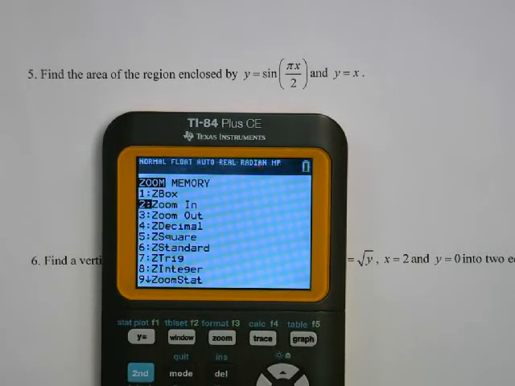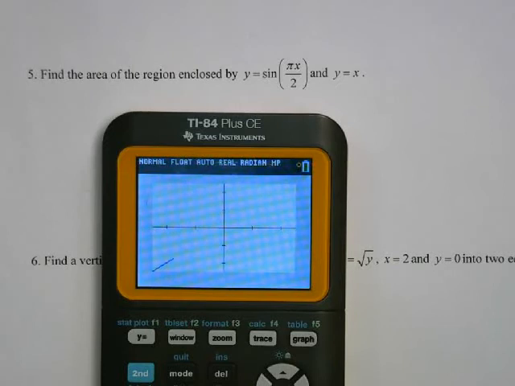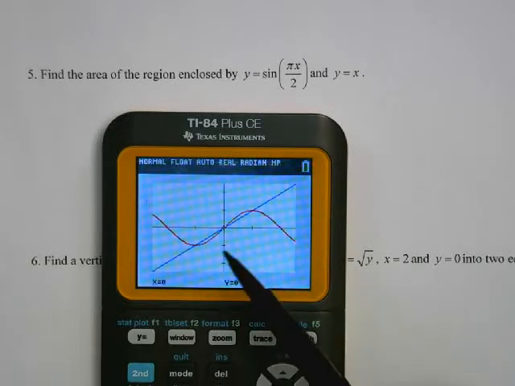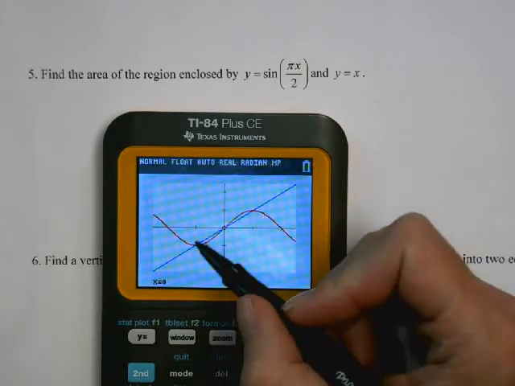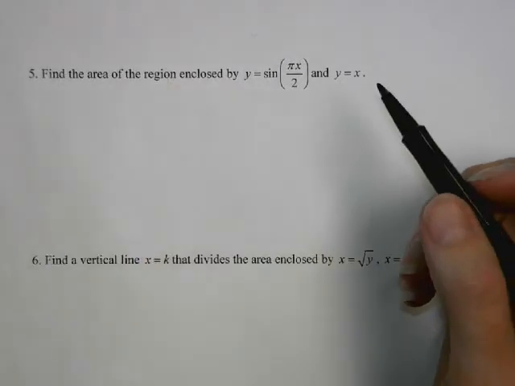All right, so we're going to zoom in to see what we want to actually see. So we're looking for these little parts of the graph, and we'll find those areas. So the intersection points are going to be at 1, 1, and -1, -1.